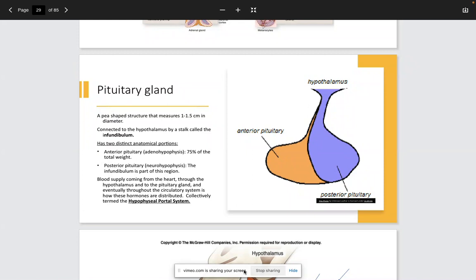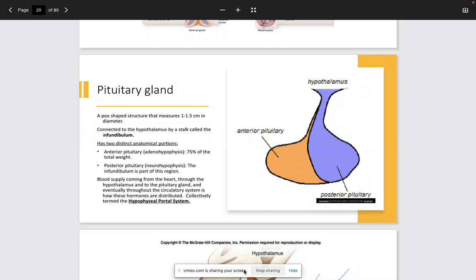I need you to know how lipid-soluble molecules influence gene expression. I need you to know the process for amplification of the signal of water-soluble molecules. I need you to know the difference in the types of signaling: paracrine, autocrine, and endocrine.